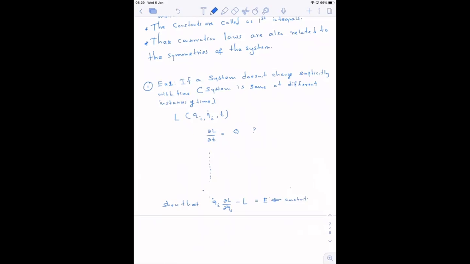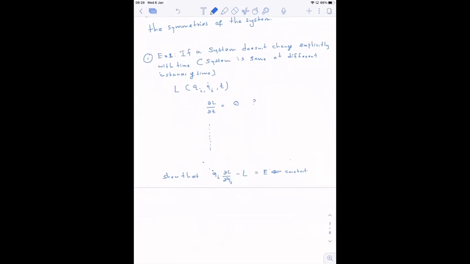And then using this constant, you will realize at the end that this constant is actually energy.